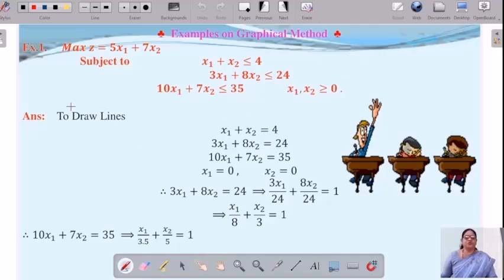Before going to the solution of the LPP, I would like to explain the types of solution. There is a unique solution, where the given LPP has a unique solution, an unbounded solution, and no solution.